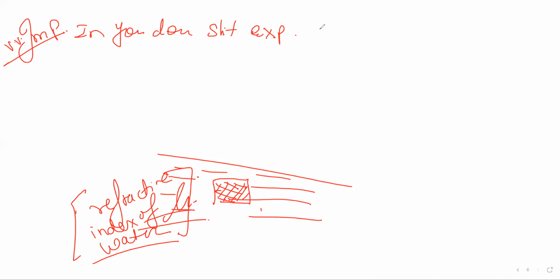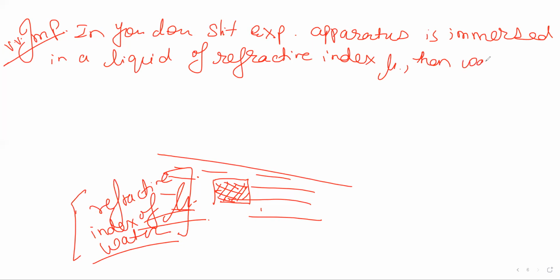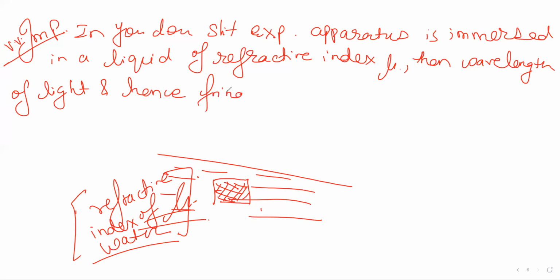If my apparatus or any object is immersed in any liquid, not especially water, maybe oil or kerosene, which has a refractive index mu, then the wavelength of light and hence the fringe width will also decrease mu times.